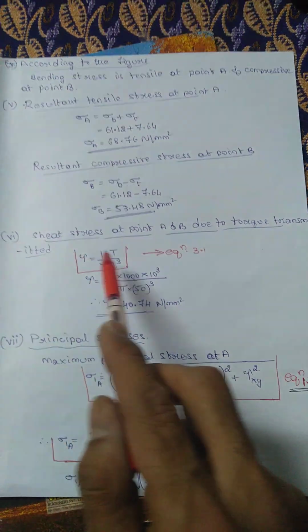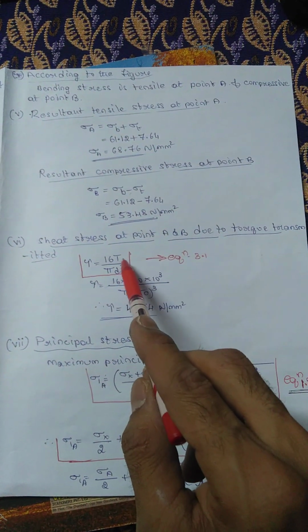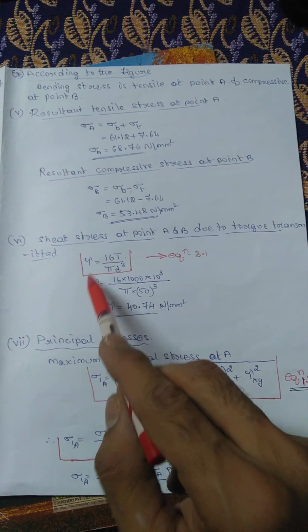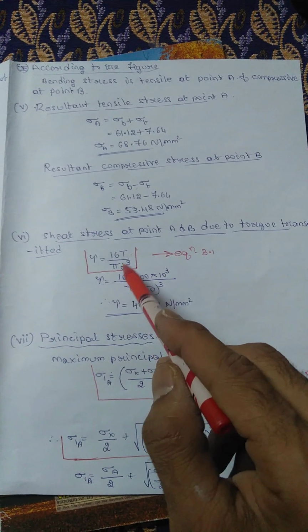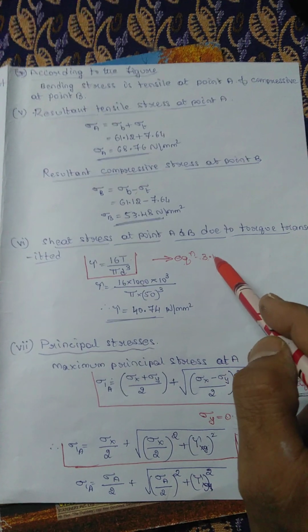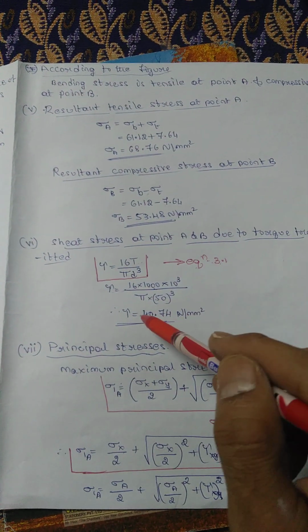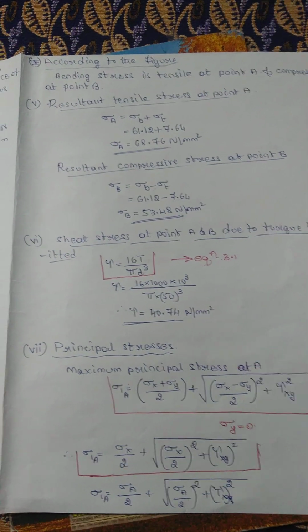Next, shear stress at point A and B due to the torque transmitted. Because of the torque transmission we have to calculate the shear stress. This equation from shaft concepts, equation number 3.1 in the same data handbook, we will use. So we'll get tau equal to 40.74 newtons per millimeter square.